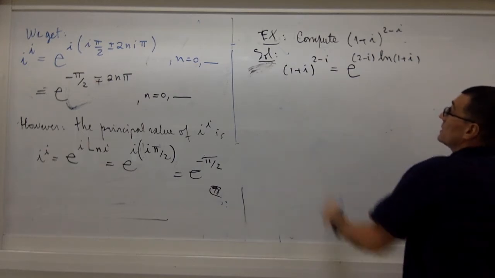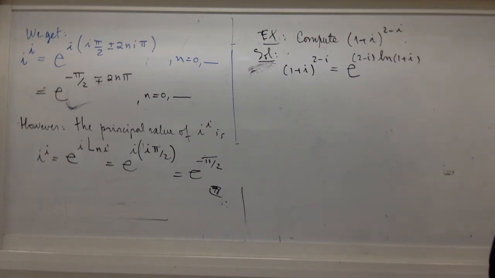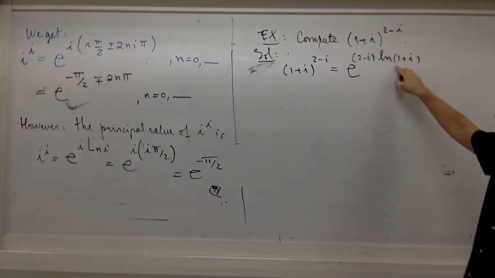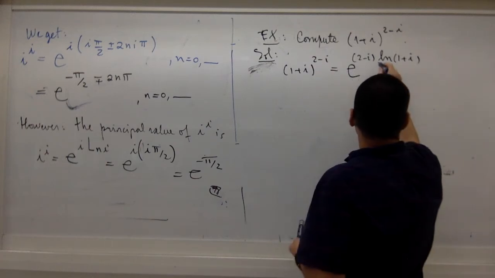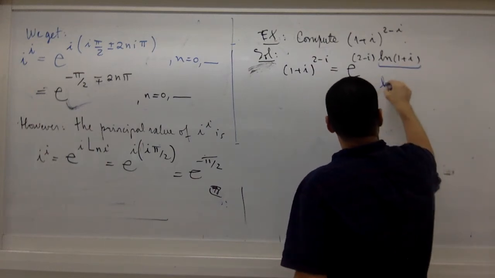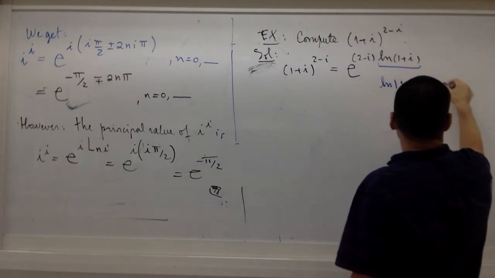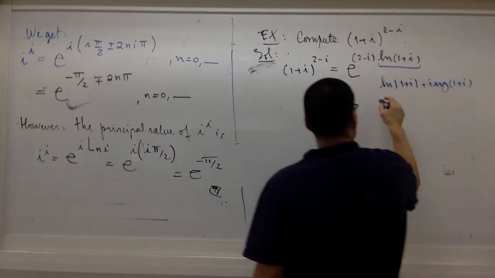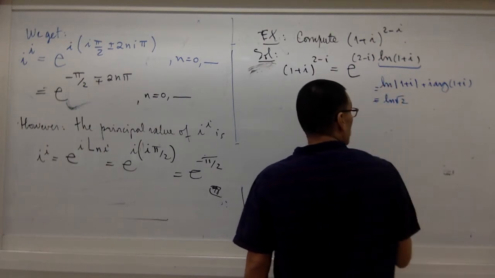So now what do you get there? You get to compute this logarithm of 1 plus i. We have done that before, right? The logarithm of 1 plus i was the logarithm of the absolute value of 1 plus i, plus i times the argument of 1 plus i. This is the logarithm of square root of 2, remember?